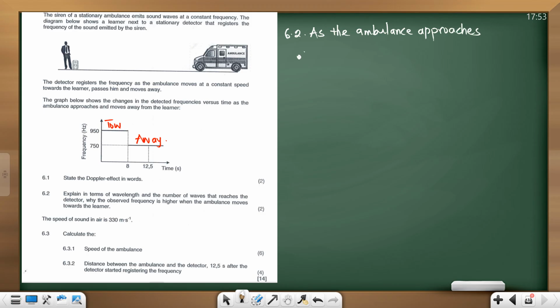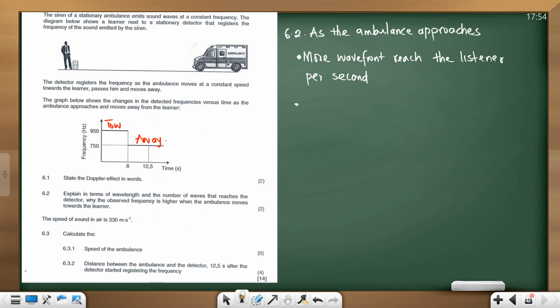Number one, more wave fronts reach the listener per second. You see, we're already done with number of waves, right? That's number of waves.